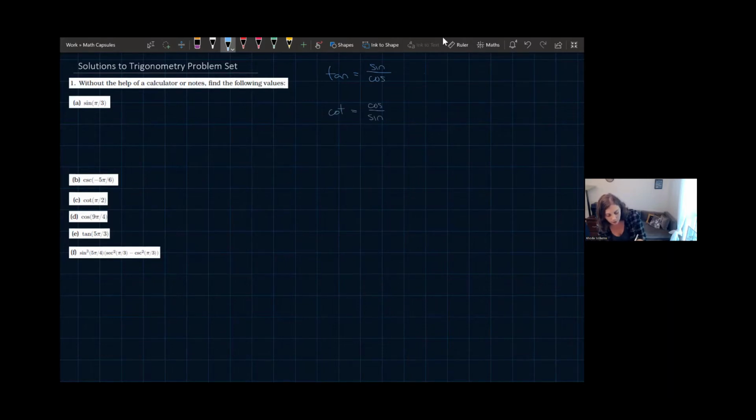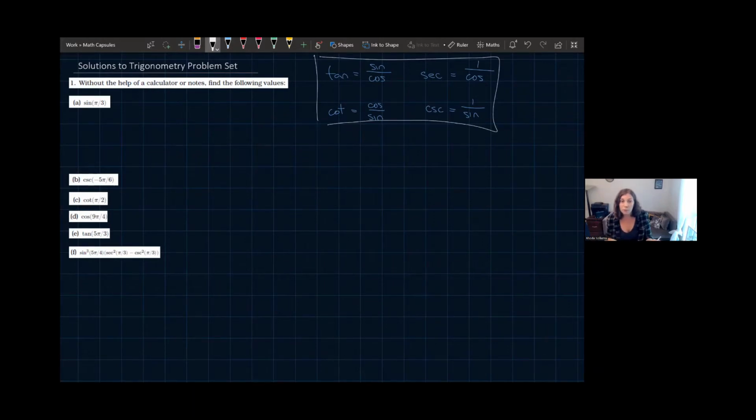If you take a look at the notes that are posted in PDF form, you have a recap there where you can find these relationships that we're going to be using. So I'll just write them up here for when we need them. But the main thing is to go back to what we learned about the unit circle.